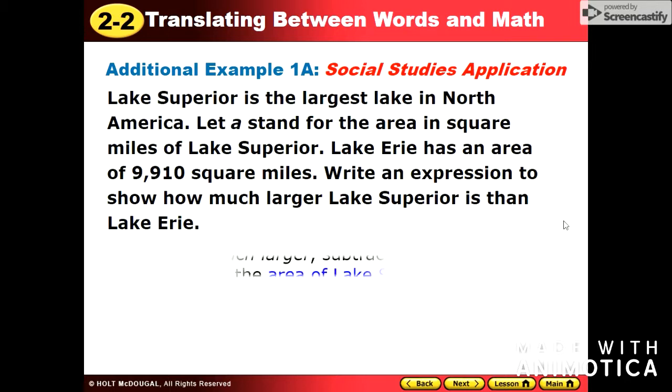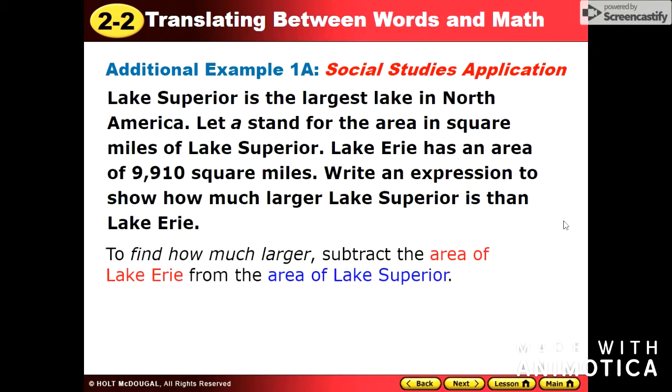Okay, so the first thing, the keyword is find how much larger. If you look back at your graphic organizer that you just made, you'd see that is a keyword for subtract. So we're going to subtract the area of Lake Erie from the area of Lake Superior.